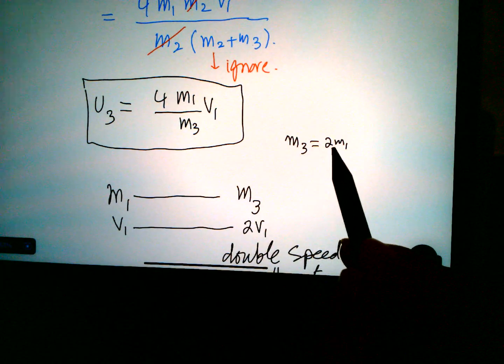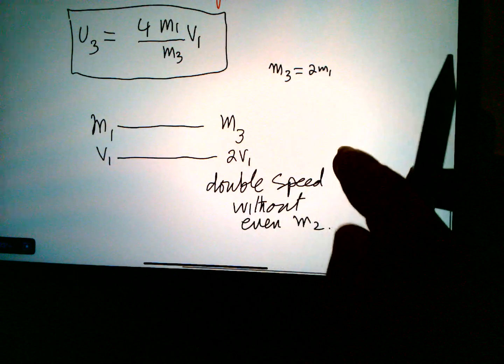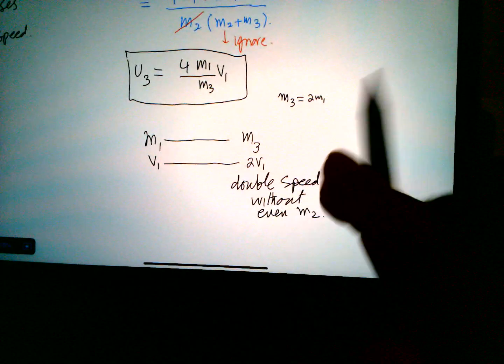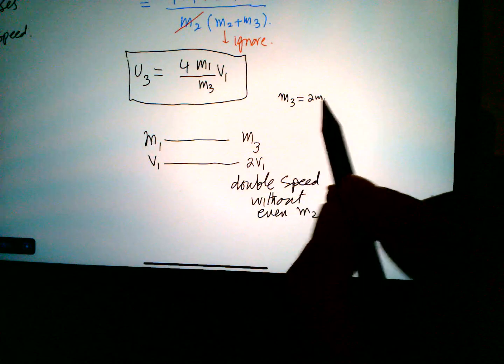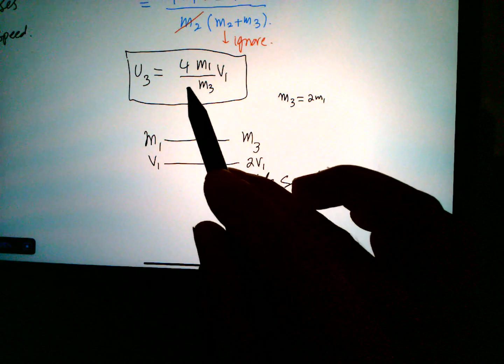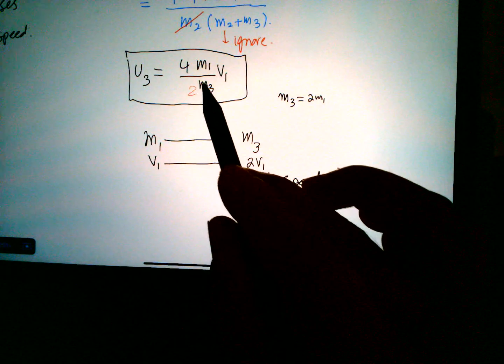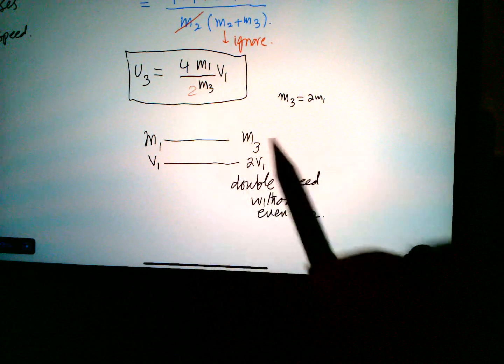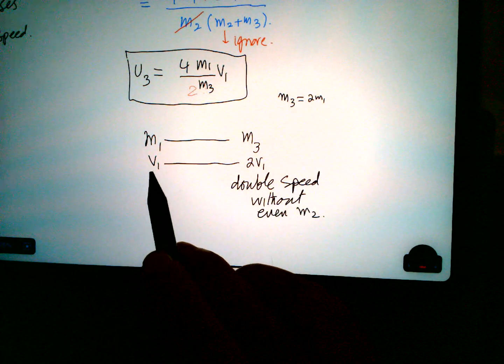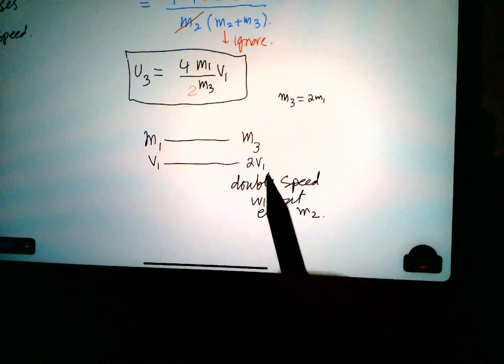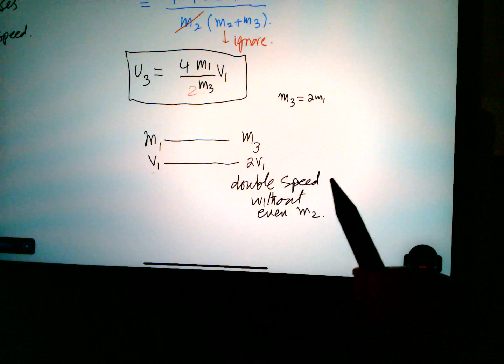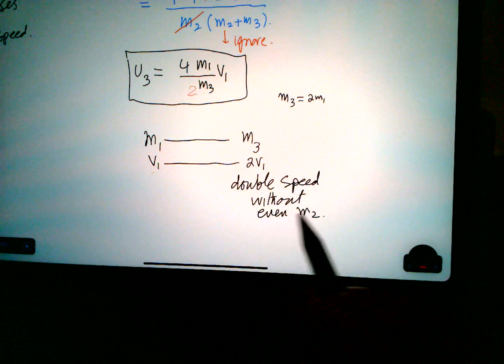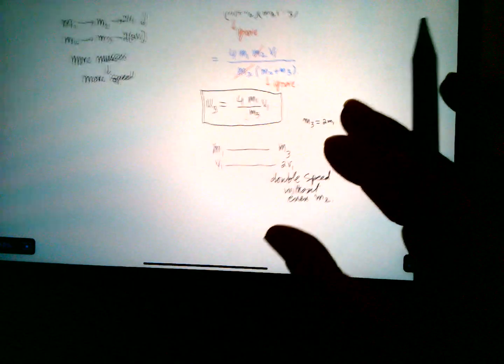If m1 is double, then v3 is double the previous one. So we get double the speed even without m2. That is the other answer.